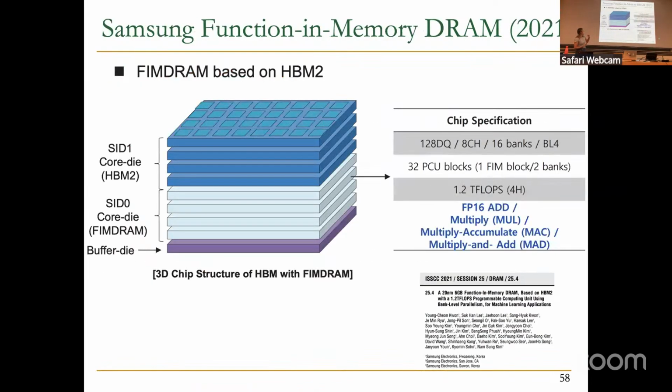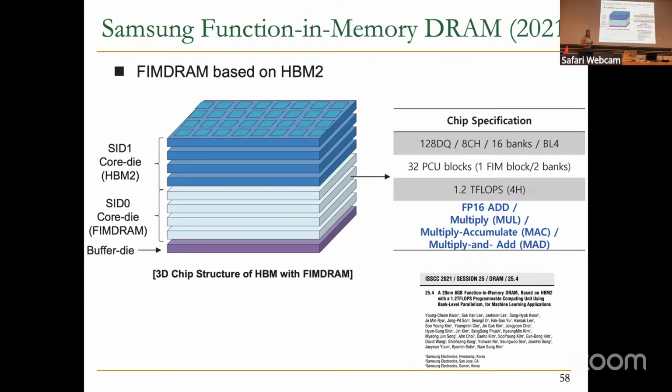For example, Samsung has created, with a 3D stacking technology, an example of stacking and placing memory dies on top of logic so that we can make the computation happen very near to the memory. In this case, they do that so that they can efficiently execute multiplication tasks.